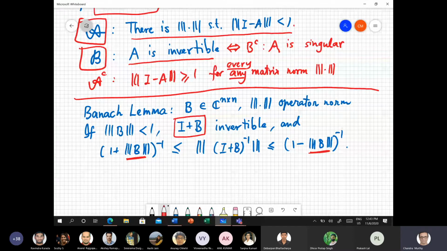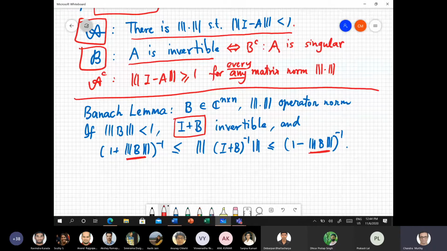What you mean by any is that you will fix a norm first, and then you will take different instantiations of this matrix A, and you will try to see what is the probability, or what is the percentage number of cases, where the norm of I minus A is greater than or equal to 1. And that is the probability that you're bounding when you say for any matrix norm.